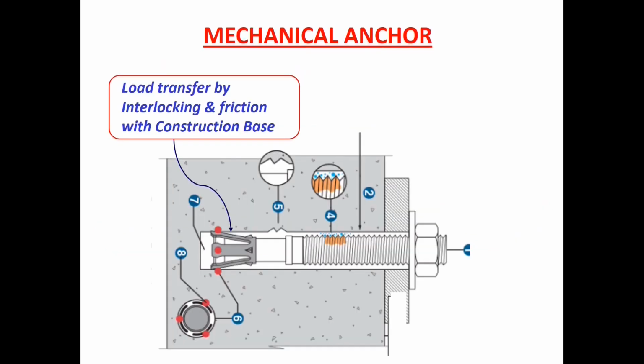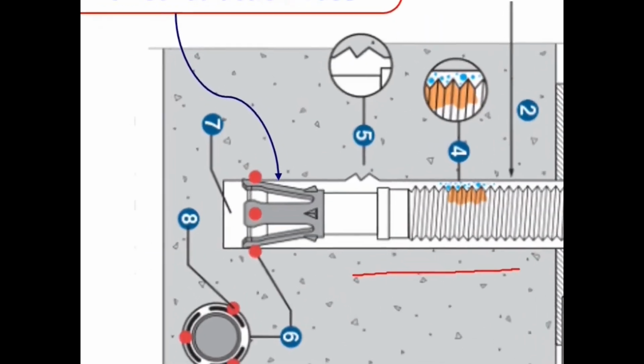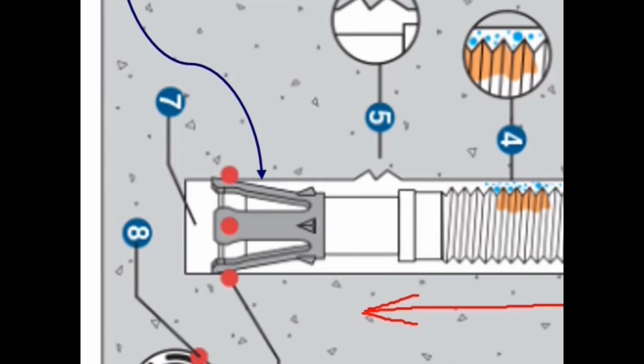In a mechanical anchor, there is an anchor rod attached with a sleeve. When this assembly is inserted into a construction base, the sleeve expands. Due to this expansion, an interlock is formed between the sleeve and the construction base, whether it is a concrete base or a brick base.